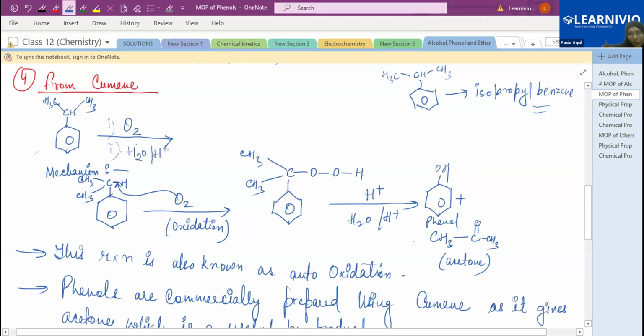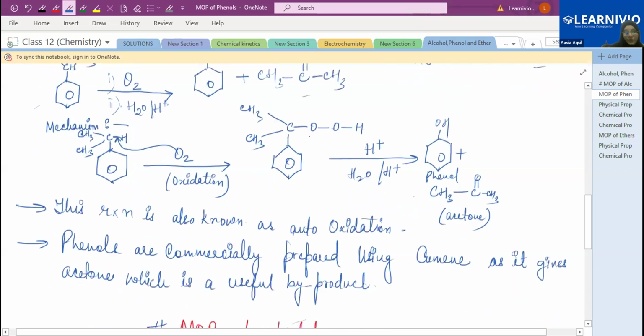You can use aqueous or dilute HCl. In this way, you will get a phenol. Plus, the byproduct is very important and helpful. This is acetone.